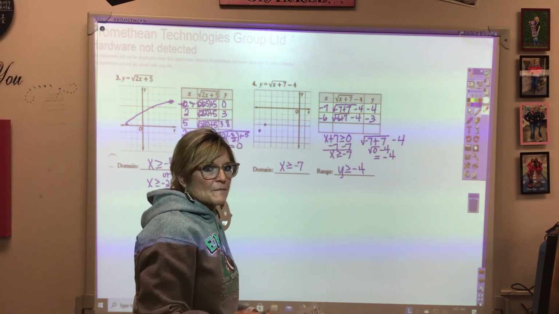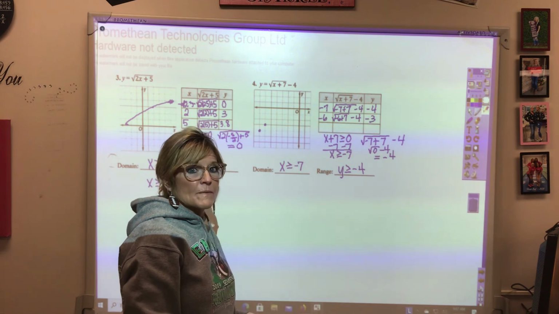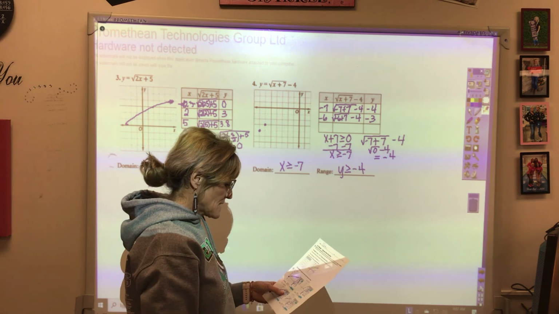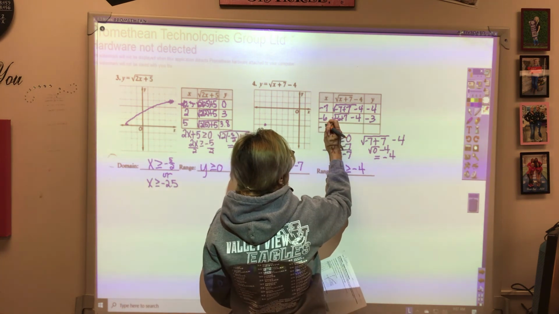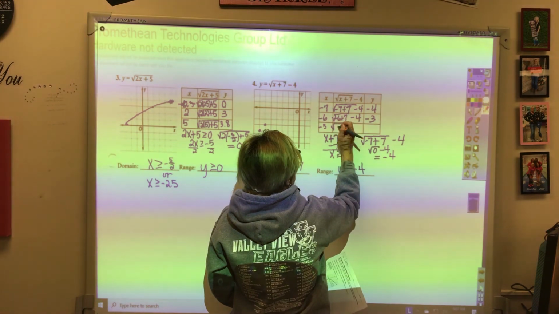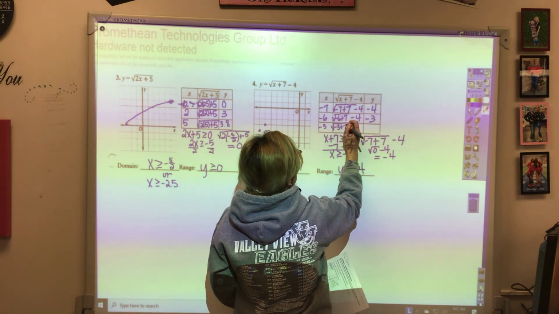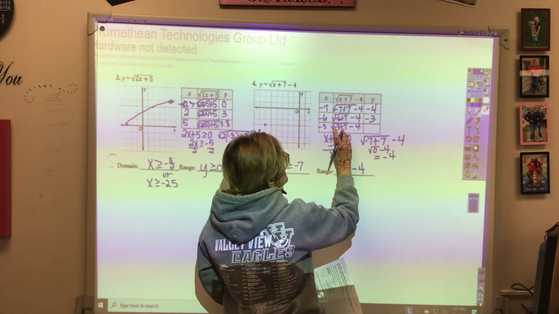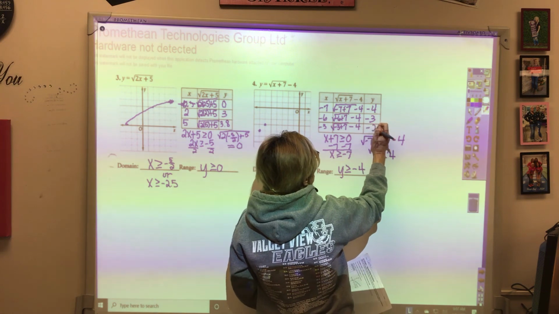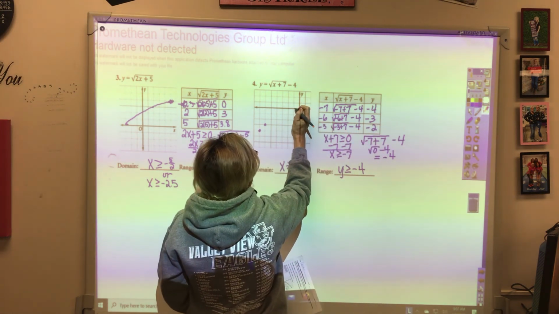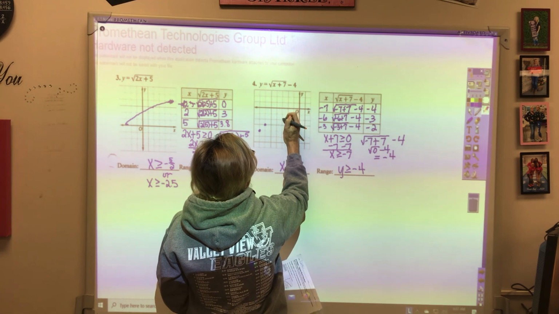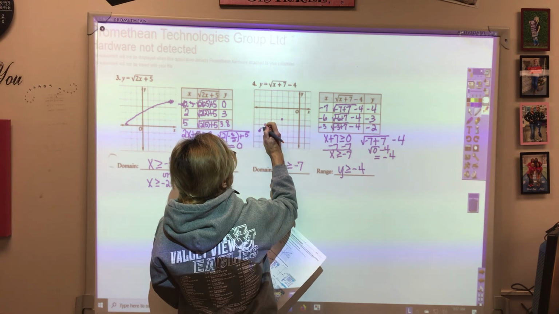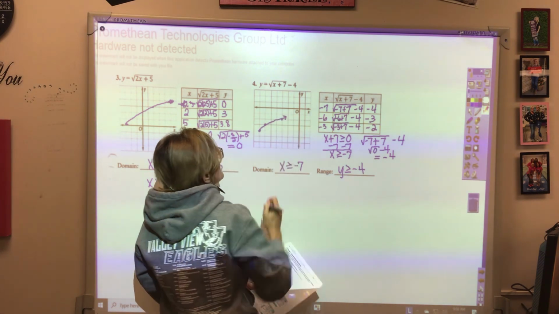Again, I'm using numbers that give me a whole number because they're perfect squares. The square root of negative 3 plus 7 is the square root of 4, which is 2. 2 minus 4 is negative 2. So negative 3, negative 2. And then you're going to just draw an arrow at the end.